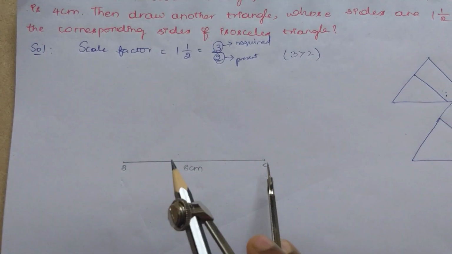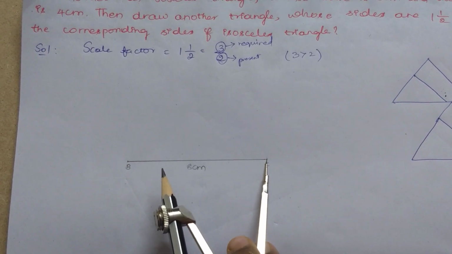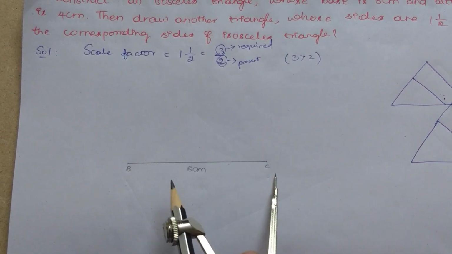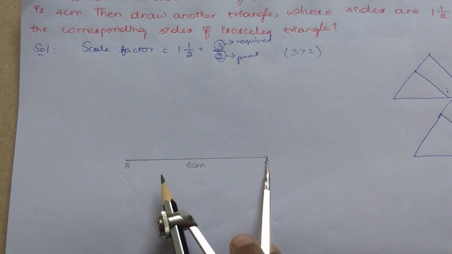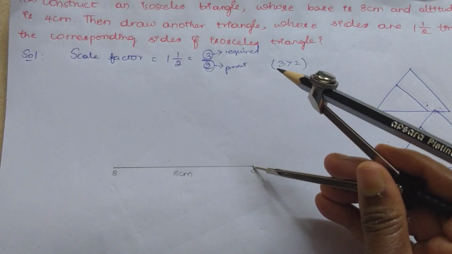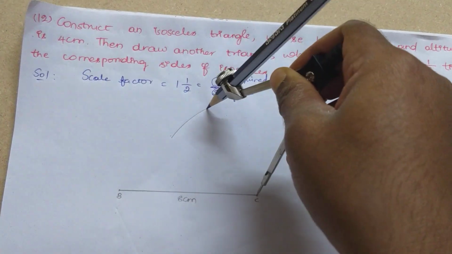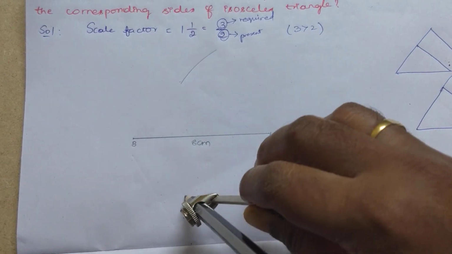Clear? So the arcs should be drawn with more than half the length of the side BC. This we have learned in our previous classes, like class 5 or class 6, I think. So let's draw the perpendicular bisector. One arc here and the other arc here.